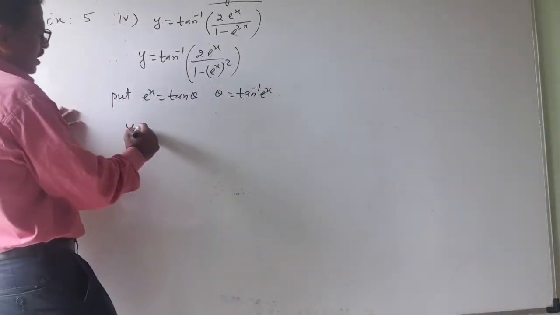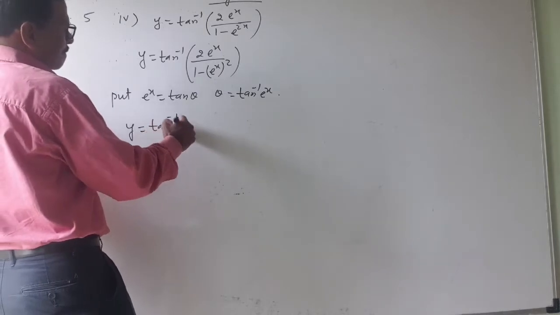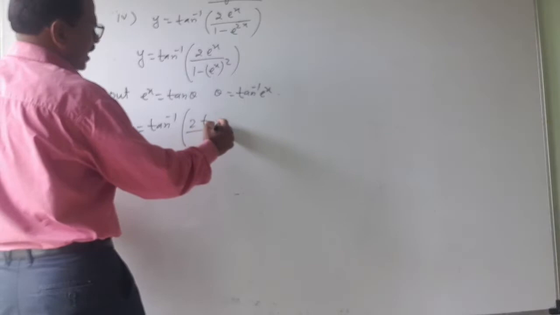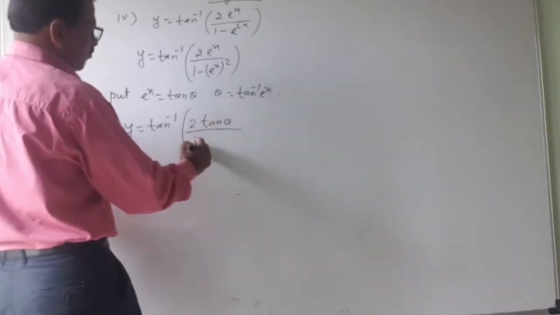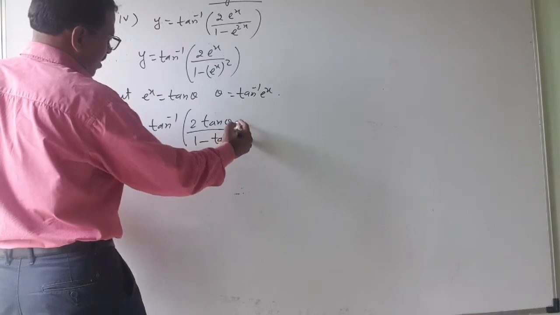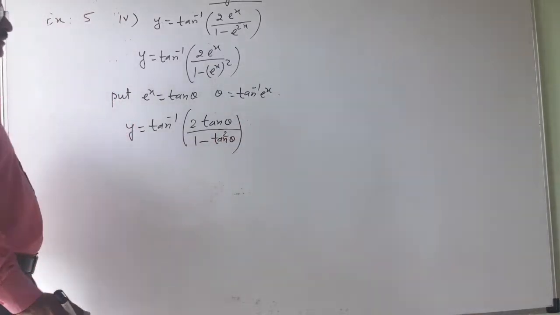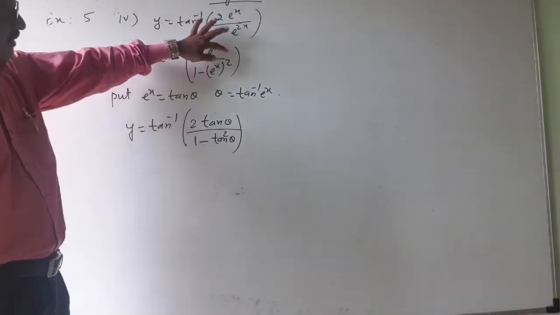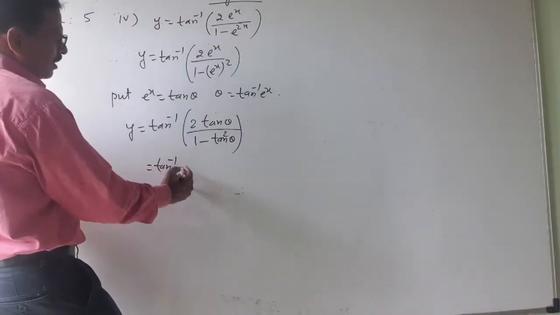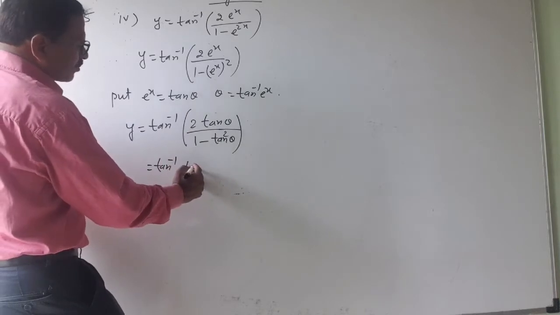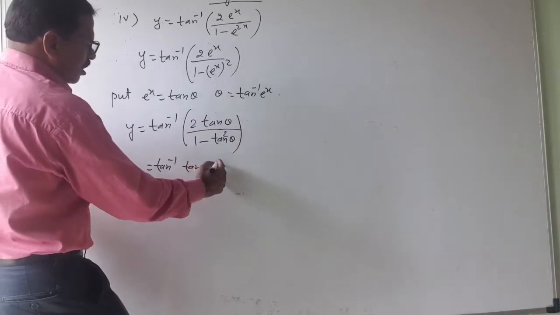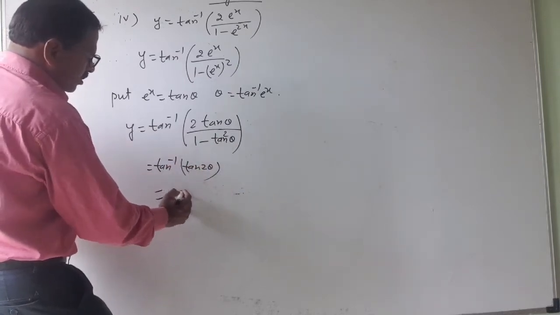Y is equal to tan inverse of 2t upon, 2t means 2 tan theta upon 1 minus t square, means tan theta its square. See, this is tan theta its square. So this is equal to tan inverse of, this is the expansion of tan 2 theta. Just now I have explained in that corner. Tan inverse tan of 2 theta.